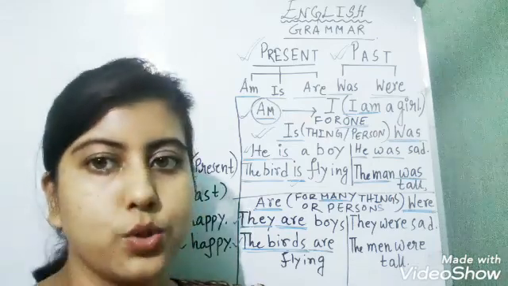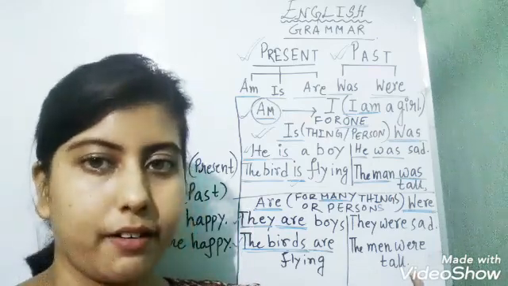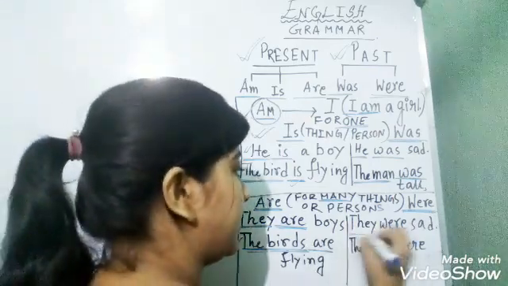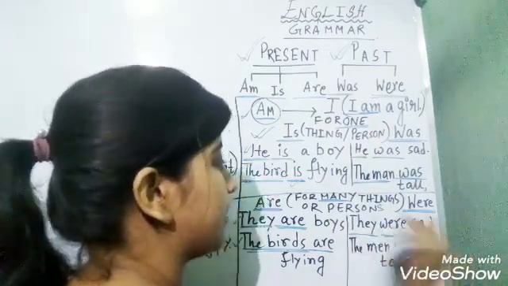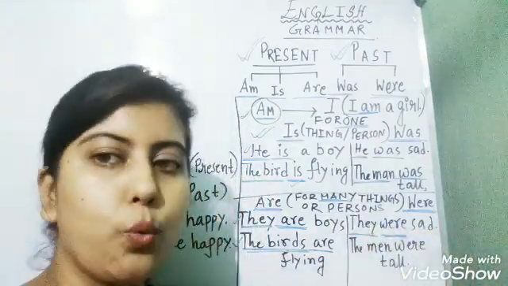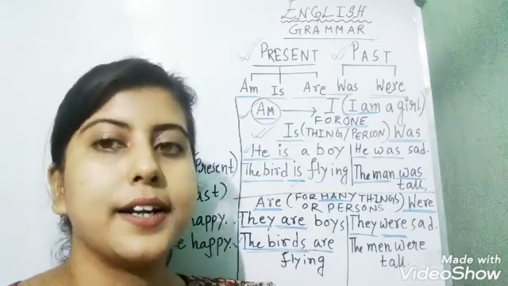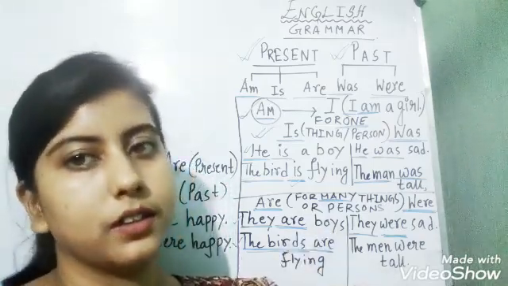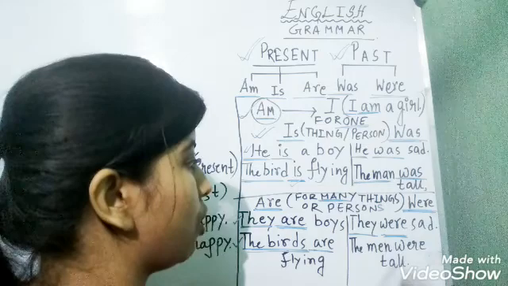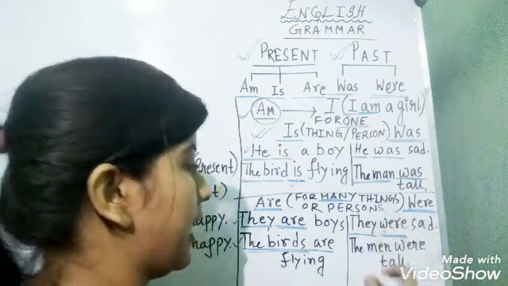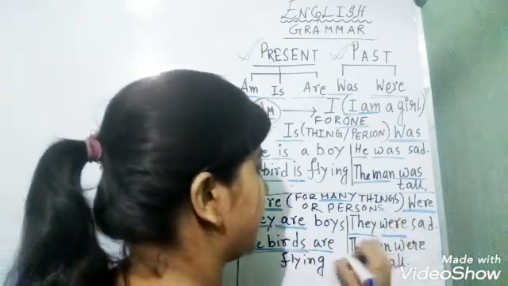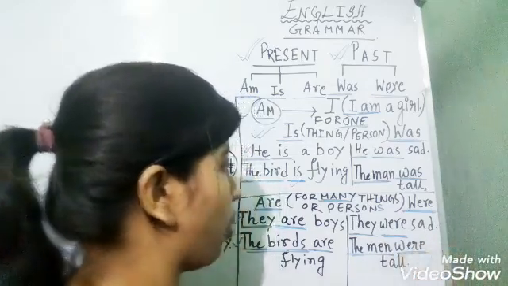Now we are going to see the use of were. They were sad. With the word they, we are denoting many persons, so we will use were. And again I have written, the men were tall.